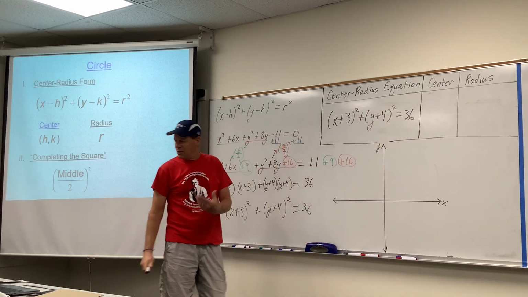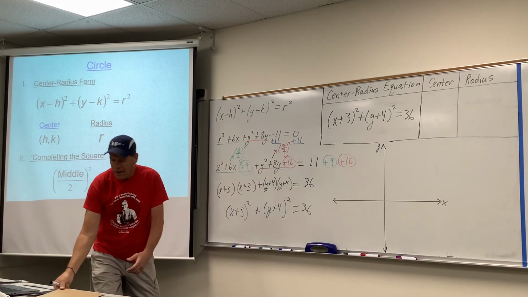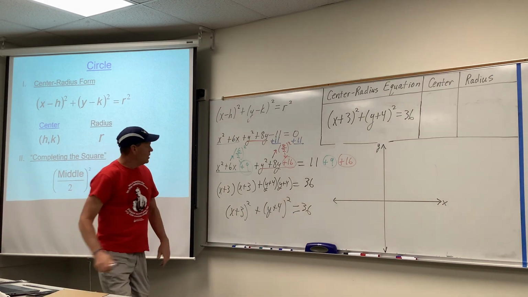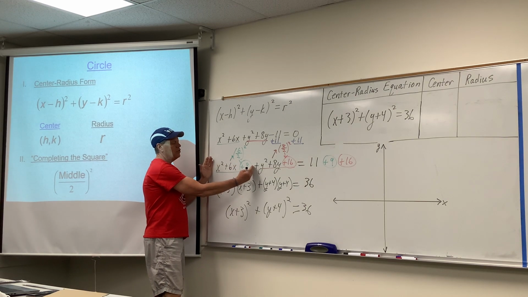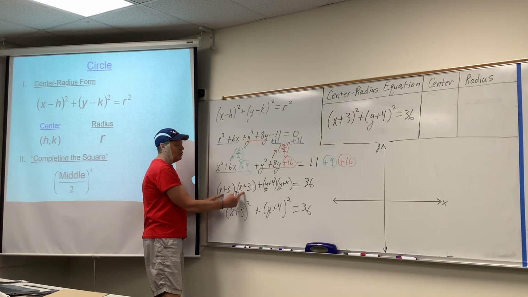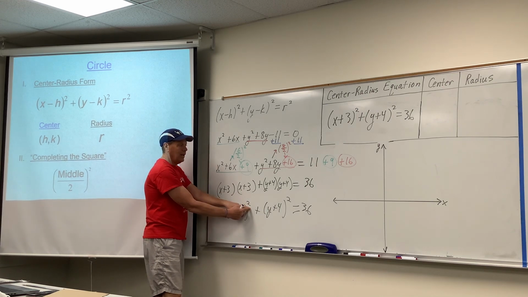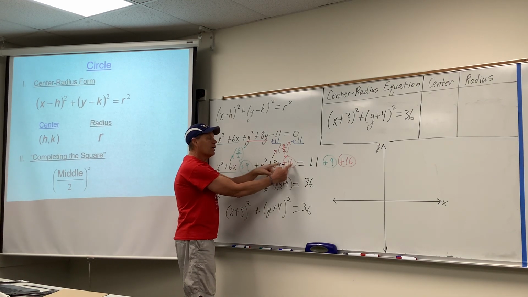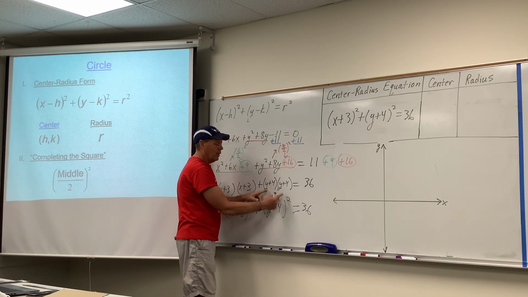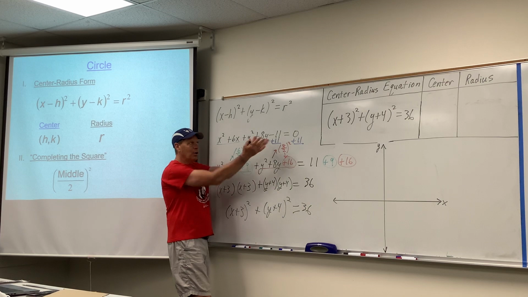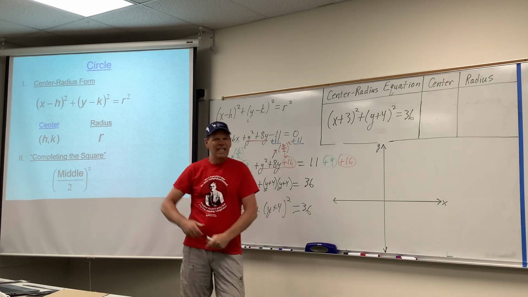That's why it's called completing the square, because popping that number in there completed this expression so that it would factor as two identical expressions, otherwise known as expressions squared. And popping that number in there completed that expression so that it factored into two identical quantities squared. Boom, there's your center radius equation.